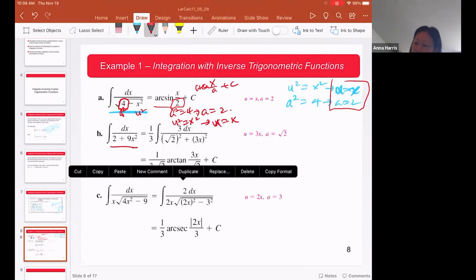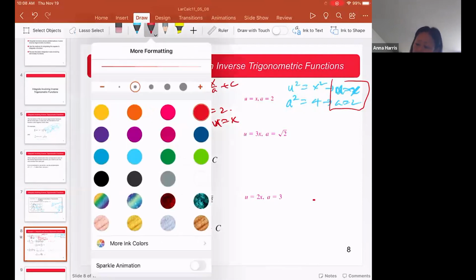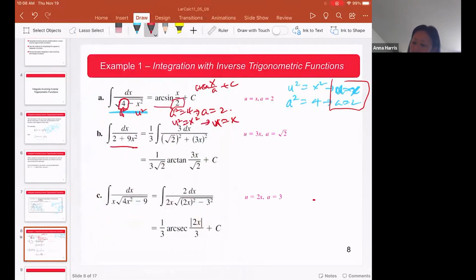Now looking at this, this is arctangent. You need to recognize the pattern. If you're not going to derive this equation, then you need to memorize it or recognize the pattern. The pattern of arctangent is a squared plus u squared and u prime.